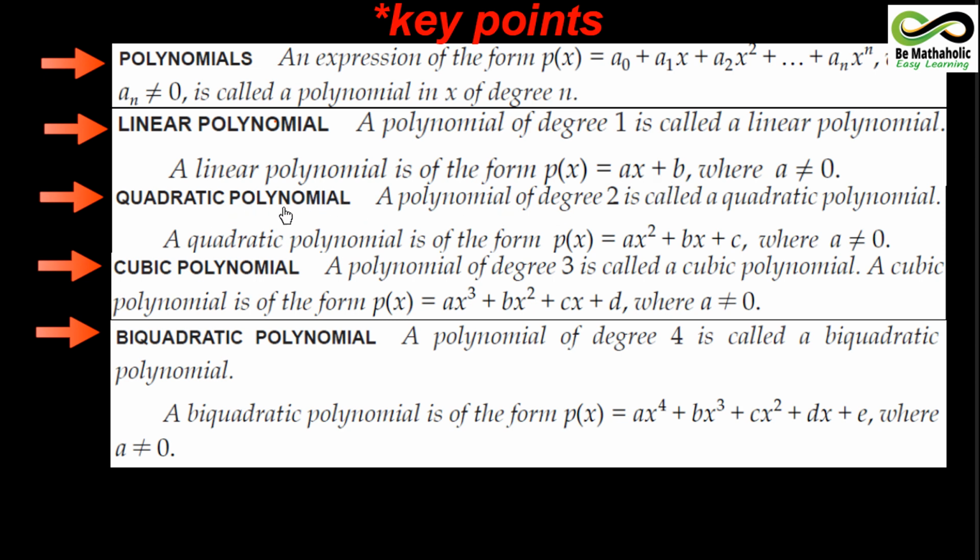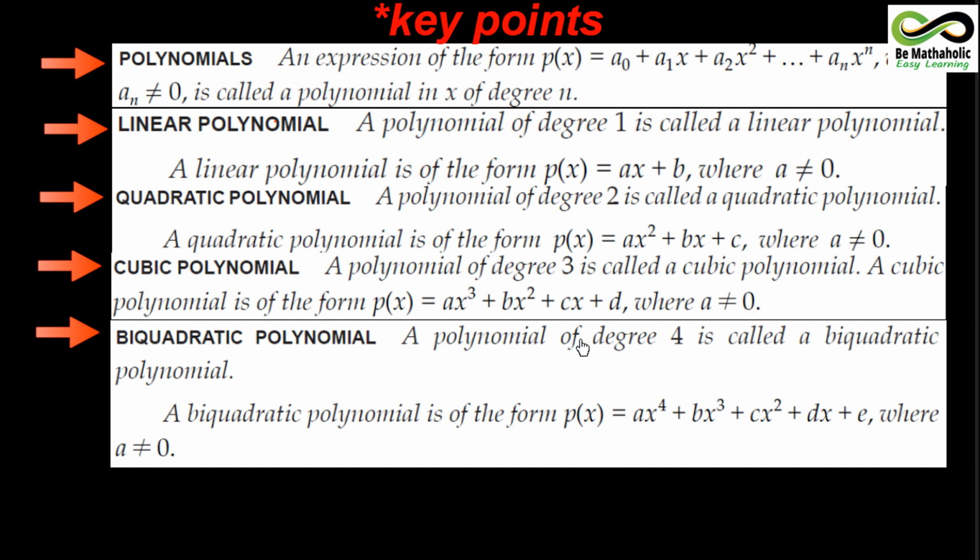Now we come to the quadratic polynomial. The degree of this polynomial is 2, that's why it is a quadratic polynomial. The graph of a quadratic polynomial is an open curve called a parabola. Please do remember this term, parabola. A polynomial of degree 3 is called a cubic polynomial, and you will have a curve like this.